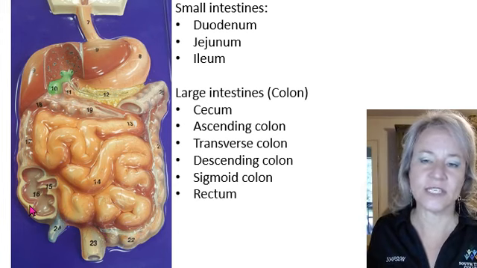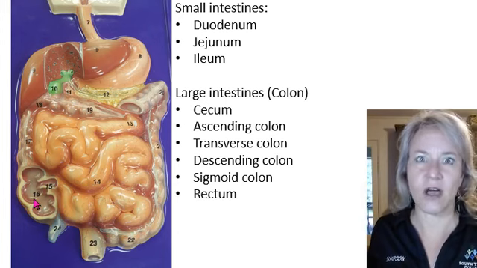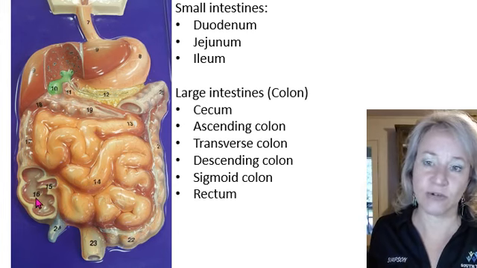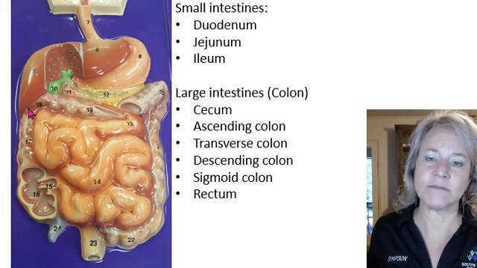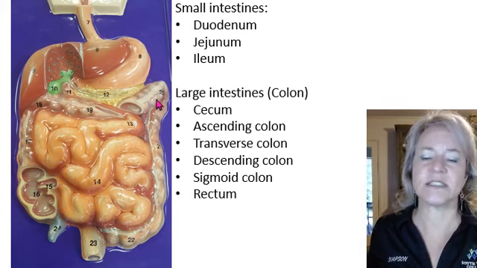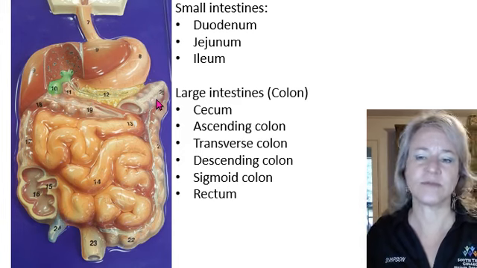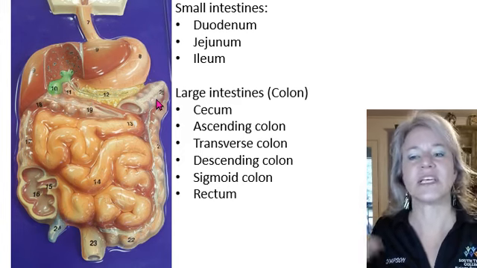When it first enters the cecum, it's still a liquid, but as it moves through the large intestines, the job is to absorb water and electrolytes to solidify the feces.